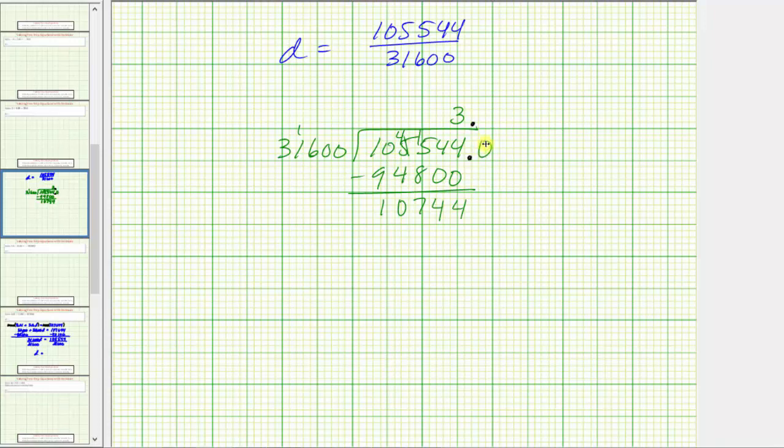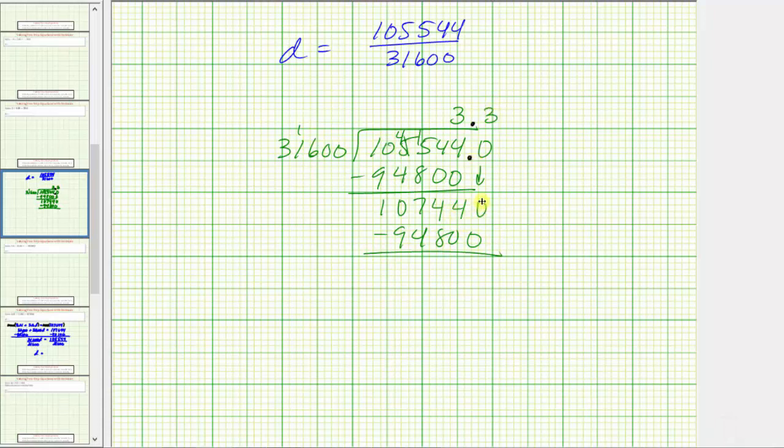So we place a 0 in the tenths place value and bring it down, and now determine how many 31,600s are in 107,440, which I think is going to be 3. We already know that 3 times 31,600 is 94,800. Again, if this difference is less than the divisor, the 3 is correct.